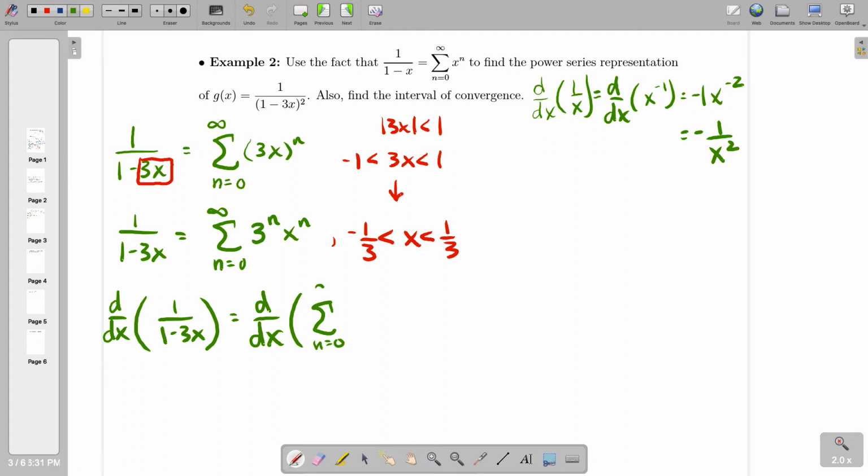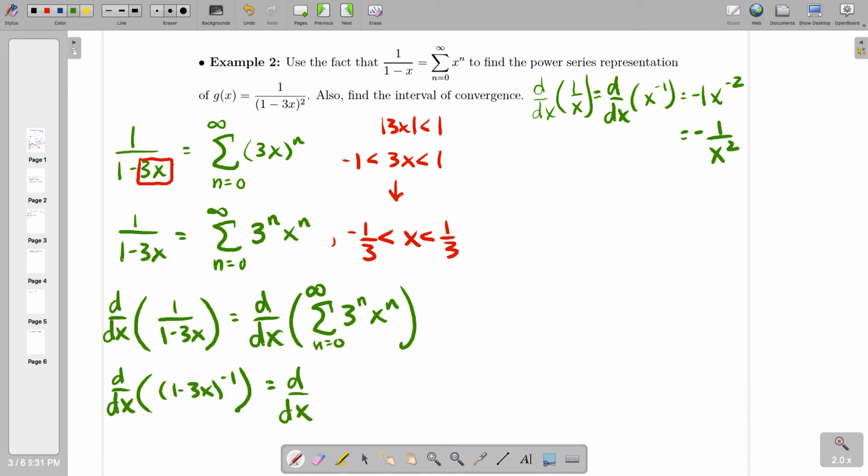The idea is, whatever happens to the right by doing the same process would be the power series for that function g of x, if we can produce it on the left side. All right, so the derivative on the left side, I'm going to start by getting it ready by raising it to the -1.